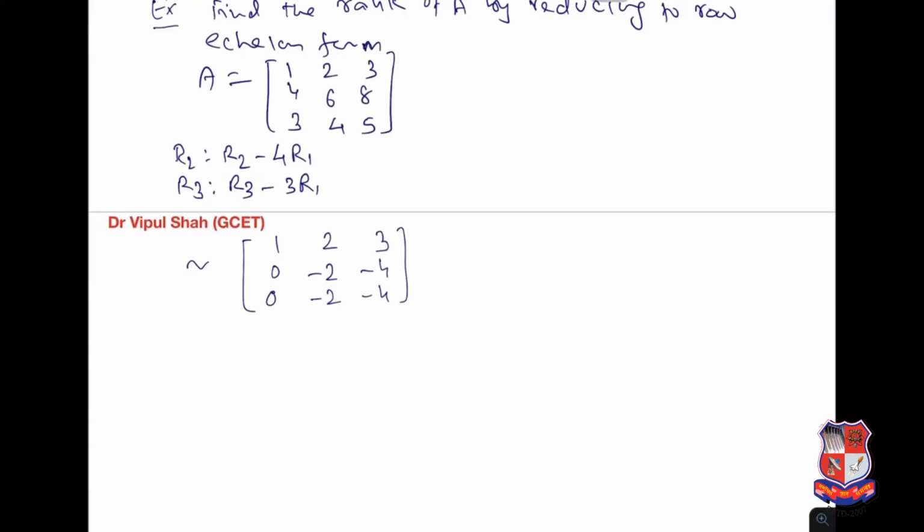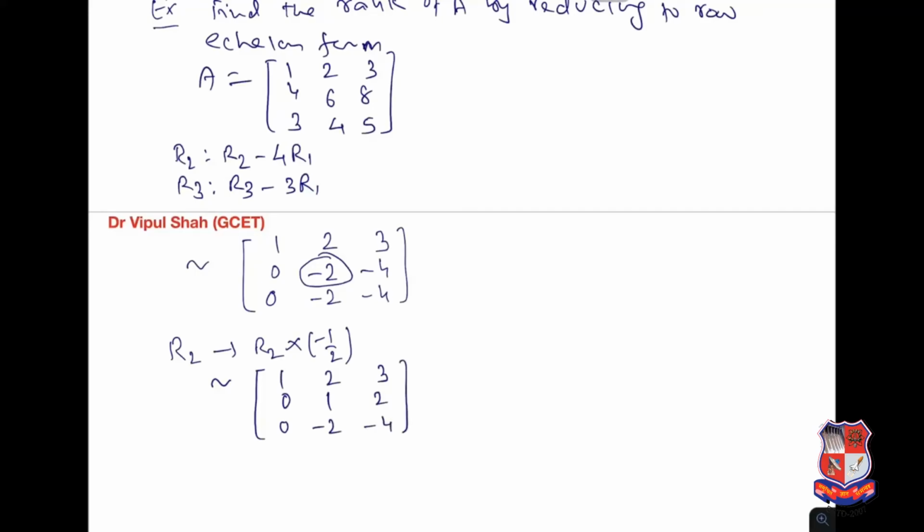Fine. Now you can see that two rows look the same, so we can make one row 0, or you can make it 1 and then do the process. So whatever you want. We can write R2 times minus 1 by 2, so that here we have the leading one. Then we have 1 2 3, 0 1 2, 0 minus 2 minus 4.